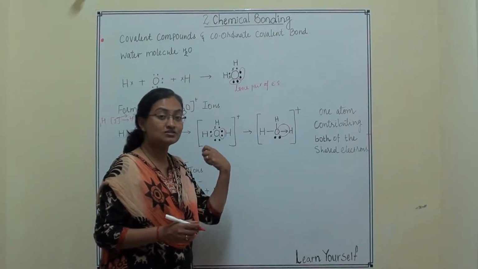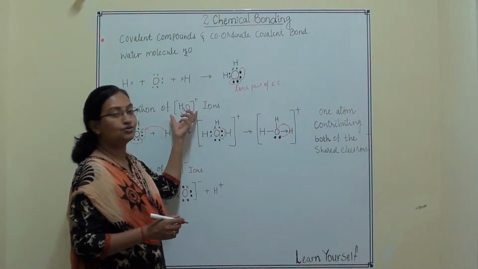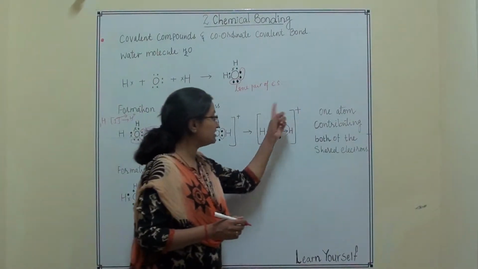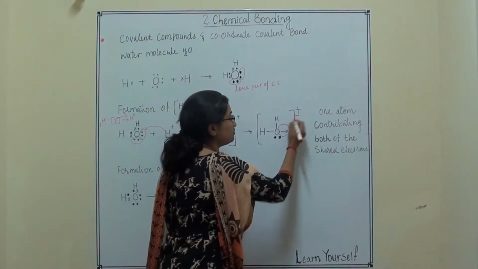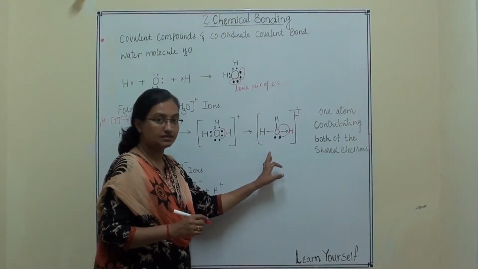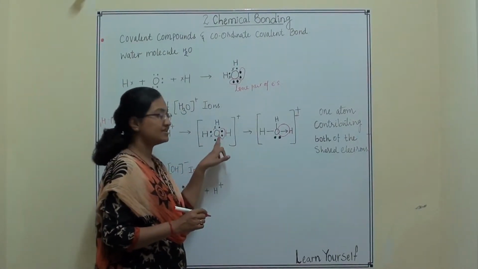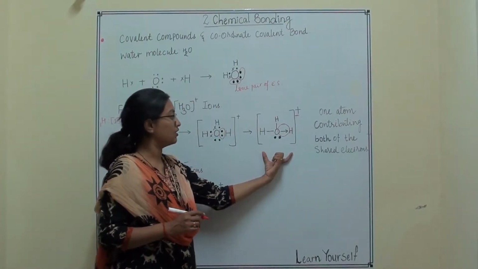Oxygen is giving its lone pair to the H plus ion to form a hydronium ion. That's why for this ion we put a plus charge, because the H plus ion has been combined over here and this lone pair is used to make a coordinate covalent bond.